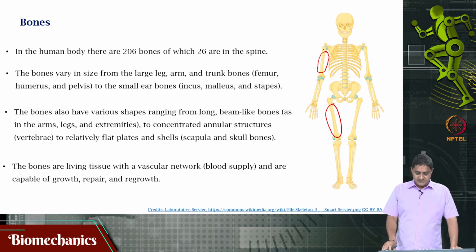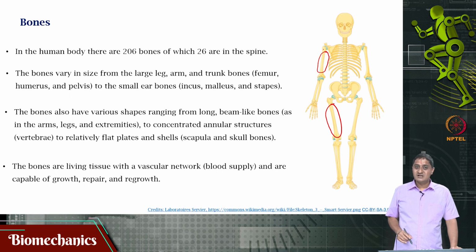Other shapes: beam-like bones, as in the arms and legs, we have discussed. Then annular structures, concentrated structures that have a hole in the middle, like the vertebra. We discussed the function of the vertebra.